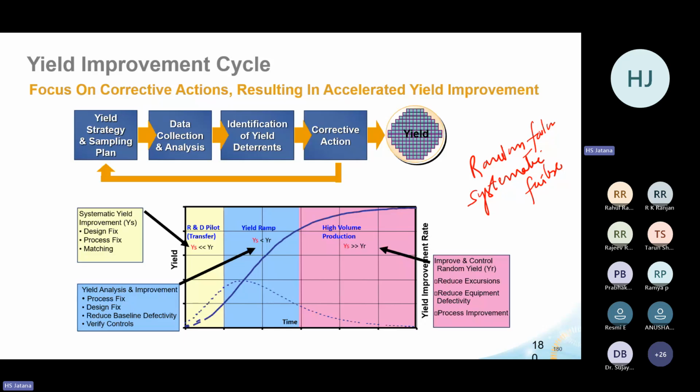So when you start a new process, what happens? The systematic failures will be more, because there can be issues in the machine, there can be issues in your unit process, there can be issues in your design. So the systematic failures will be more, systematic yield will be less. As you are seeing here in this path, this is the initial.